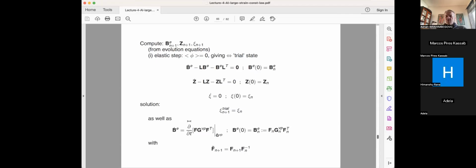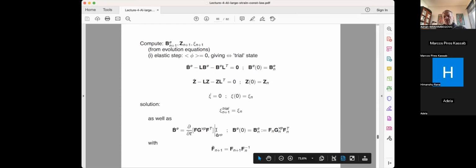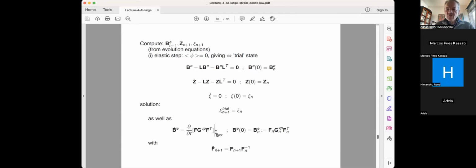When you're actually doing this from the time Tn to Tn plus 1, you have a different type of approximation of the deformed configuration. You can say that this expression simply preserves the viscoplastic deformation from one step to another, or one iteration to another.